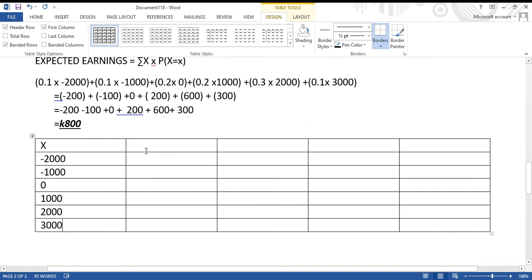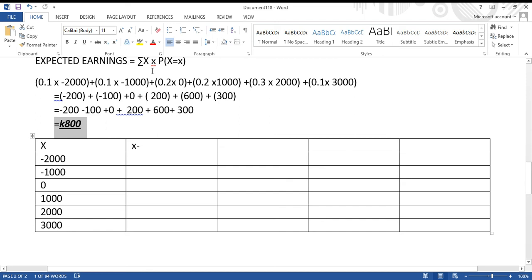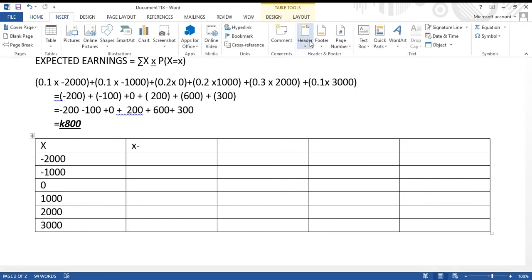Now, next column, we're going to have x minus x bar. Remember, x bar represents the mean. These expected earnings we got are like our x bar. Do we have an x bar here?